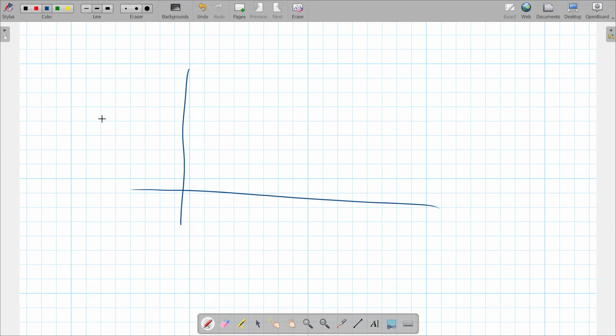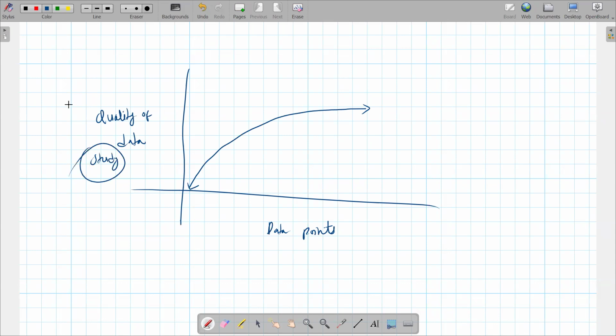So this is the quality of data, and then over here you have the data points collected. Kind of looks like this. Or you can say quality of your study as well. After a certain number of data points, look at what happens. What do you call this? What's the trend? What's the curve doing there?